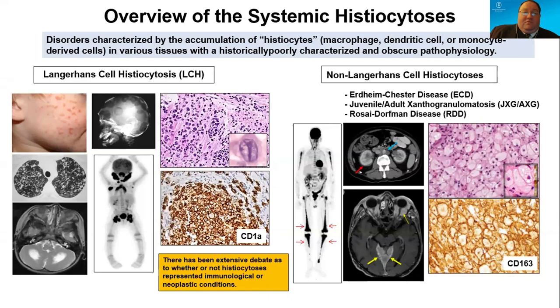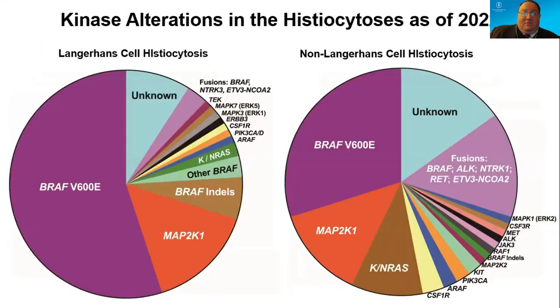But then work that came out of our laboratory, as well as others, including Carl Allen's laboratory at Baylor College of Medicine, Kenneth McClain, Barrett Rollins' laboratory, and Ashish Kumar's laboratory, found multiple mutations involving the MAP kinase signaling cascade, as well as the PI3K-AKT-mTOR signaling cascades in both LCH and non-LCH neoplasms. BRAF was seen very heavily in Erdheim-Chester disease and in Langerhans cell histiocytosis.